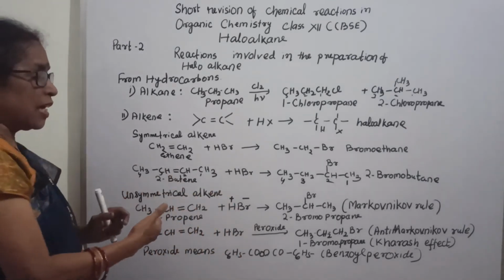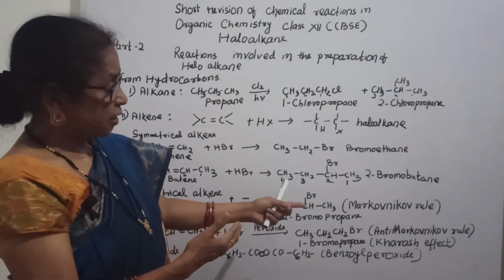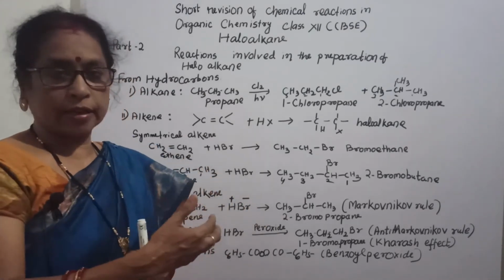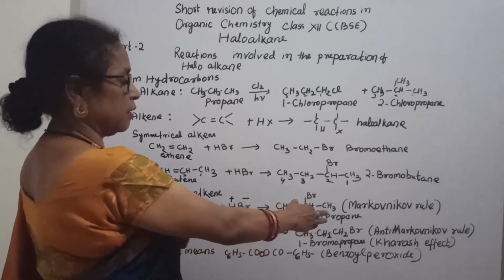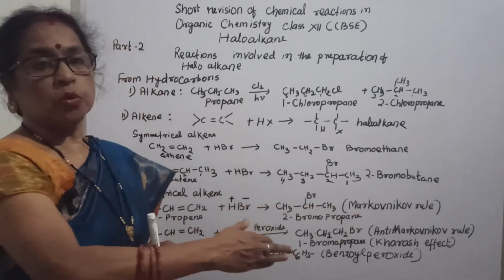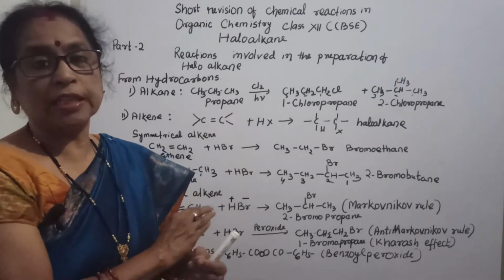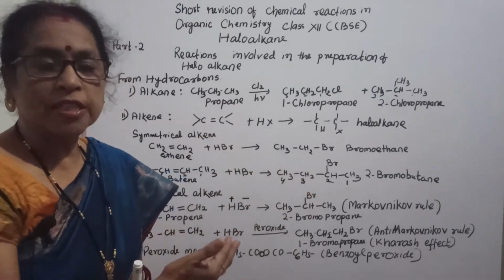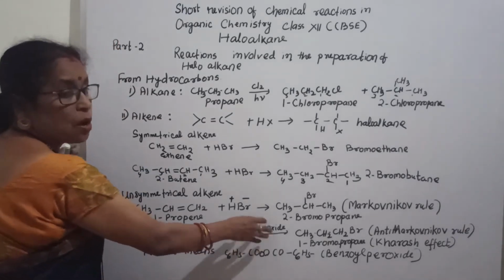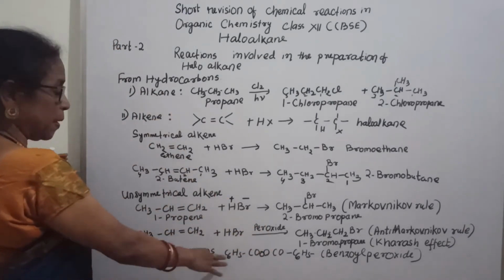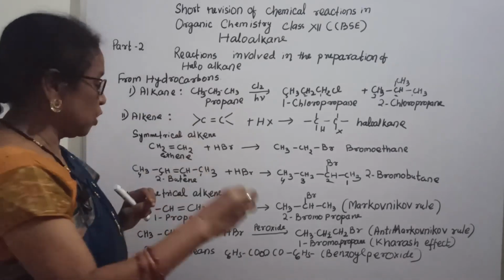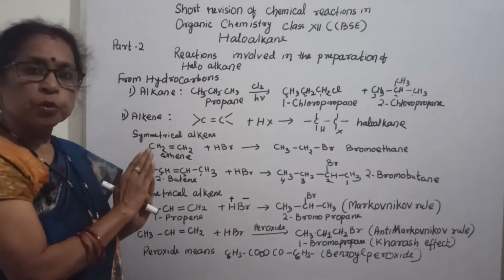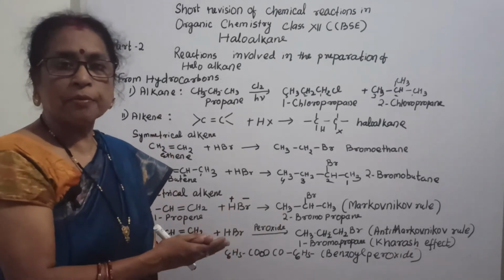Now another scientist, Kharasch, came with what is named the Kharasch effect. It is against Markovnikov's rule, called anti-Markovnikov's rule. When you take peroxide, benzoyl peroxide, the negative part will not go to the carbon which contains the least number of hydrogen.